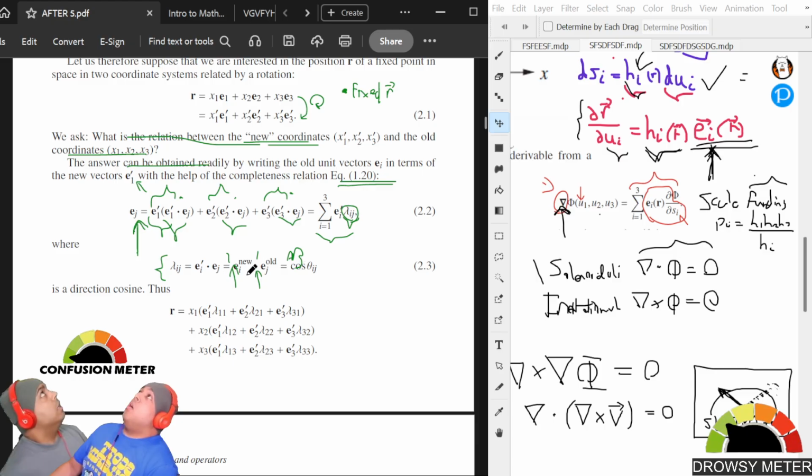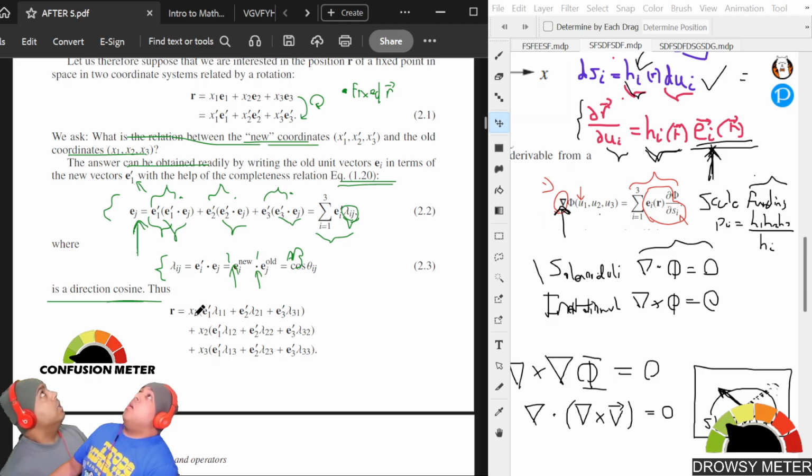So this e'_i dot e_j is a direction cosine.